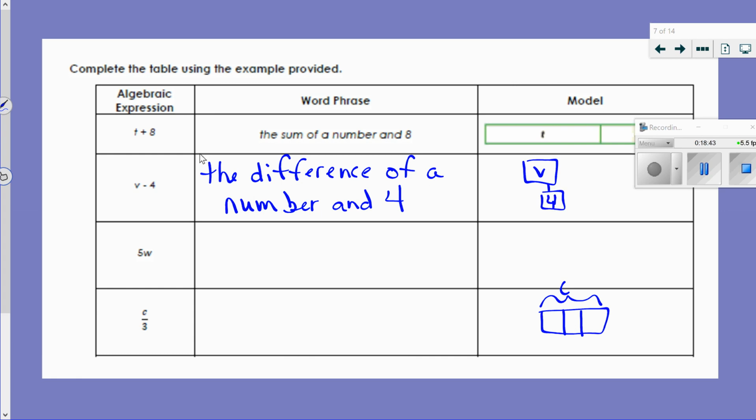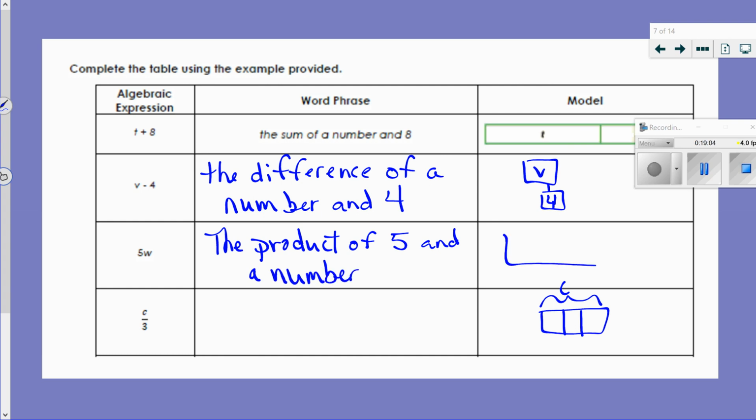Okay, 5W, this one is the product of 5 and a number. Or multiplying a number by 5. Any of these words can work. My model, multiplication is just repeated addition, so I just put all the boxes together.